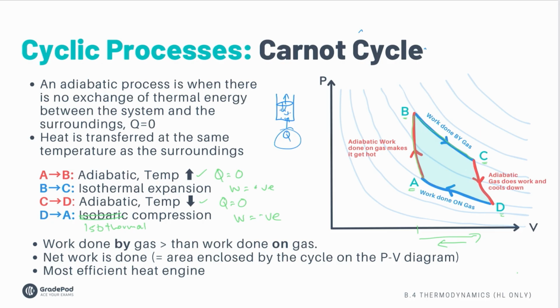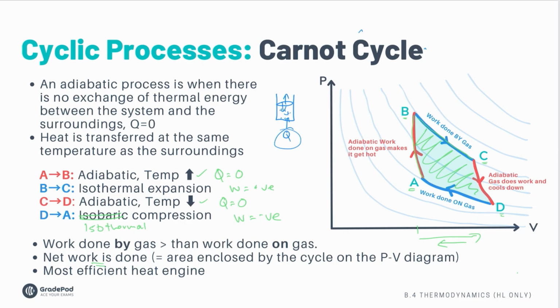As before, the area underneath the curve on the work done by the gas is bigger than the area underneath the curve on the work done on the gas. That means that net work is done, and this area here shows how much work is done by the engine. And actually, this process I'm showing you here is the most efficient heat engine possible.